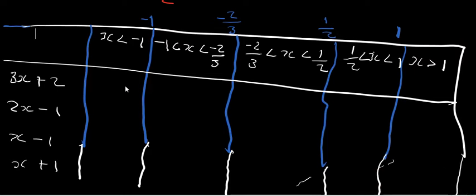Guys, don't mind my handwriting. If I get any number less than -1, for example -2, that will be negative. Let me use a different color. And then when I get that same -2, that will be negative, that will be negative, that will be negative. Then if I get a number between -1 and -2/3, which number can that be?